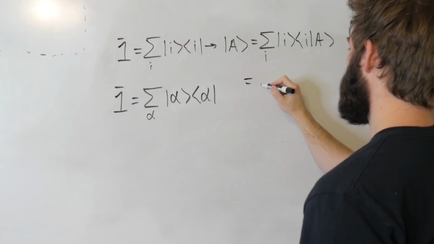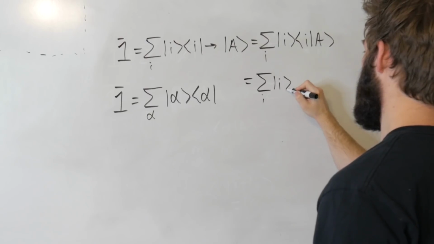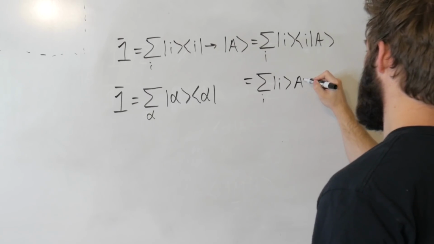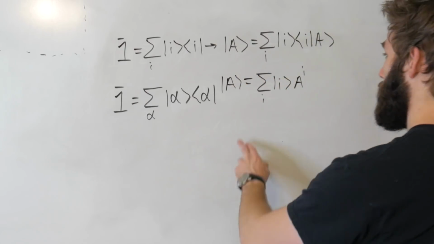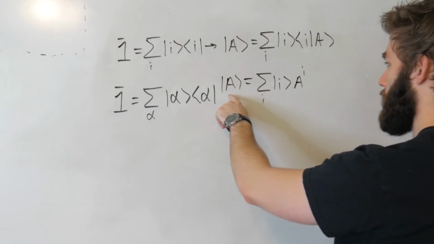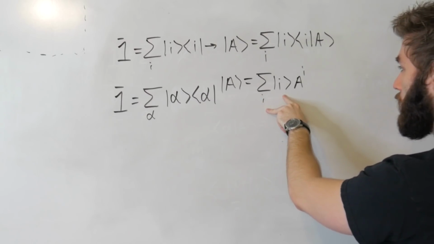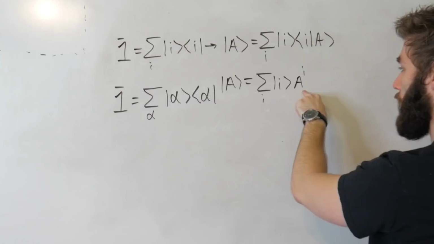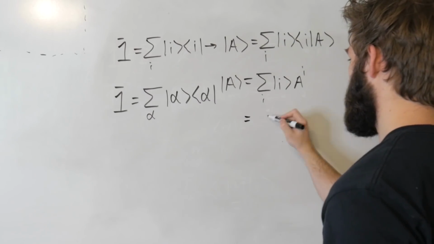So that's going to be the sum over i of |i> A_i, which is equal to |A>. So our vector A can be written as a linear combination of all the basis vectors summed over times the ith component of that vector. So written out more explicitly, this is just the same thing.